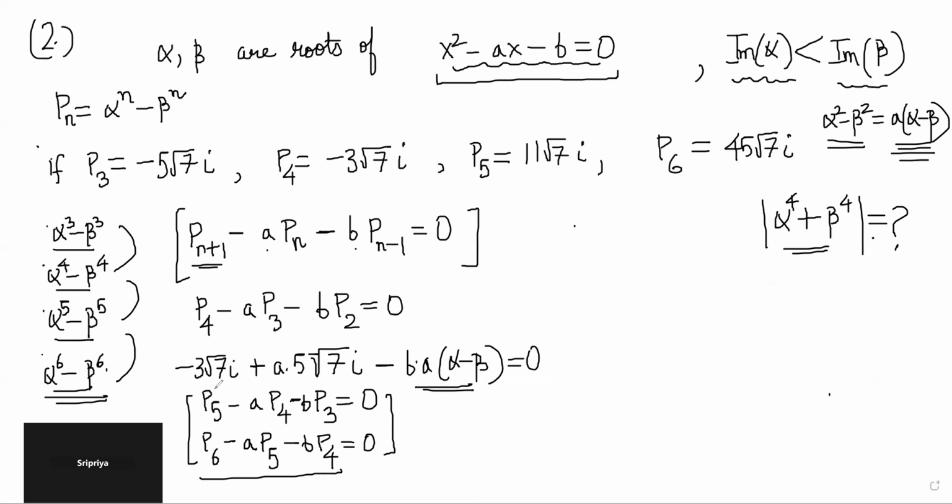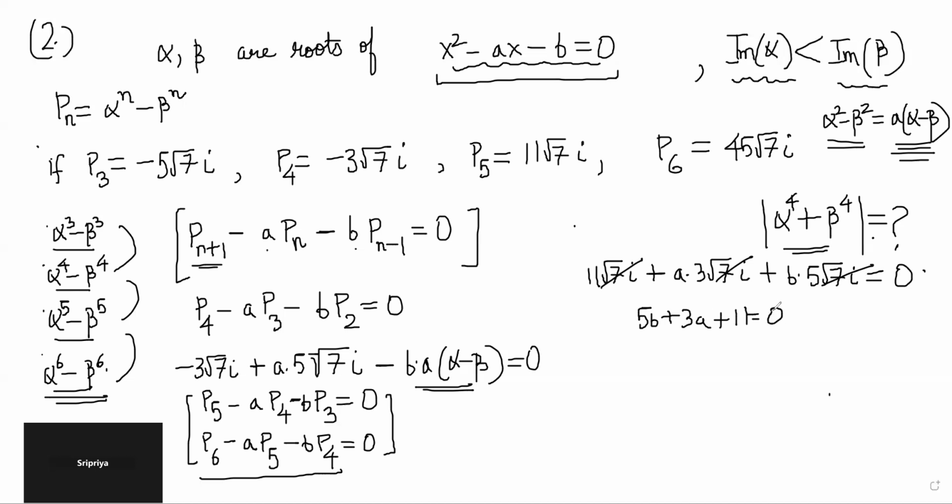So let's find it. P5 is 11 root 7 I, minus A P4, so plus A into 3 root 7 I, minus B P3, so plus B into 5 root 7 I, is equal to 0, correct? So root 7 I can be cancelled from everywhere, and we are getting 5B plus 3A plus 11 is 0.